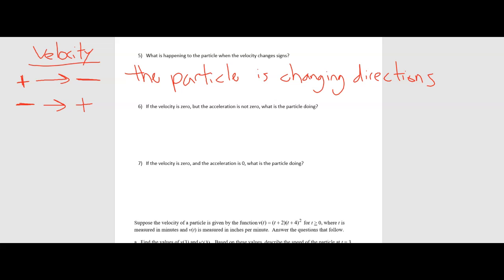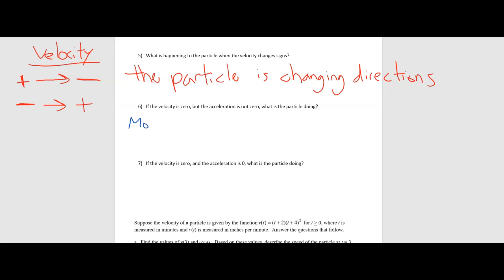So when the velocity is 0 but the acceleration is not 0, the particle is not stopped. It's momentarily changing its direction, either from the positive direction to the negative direction, or from the negative direction to the positive direction.